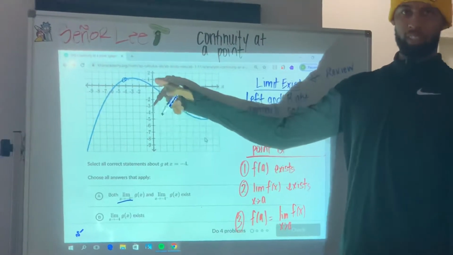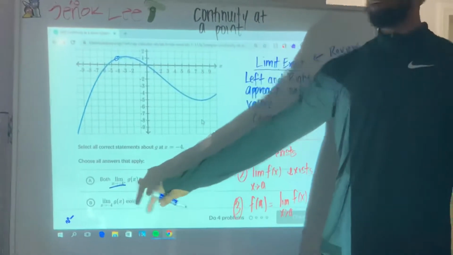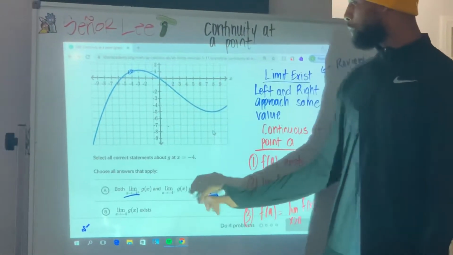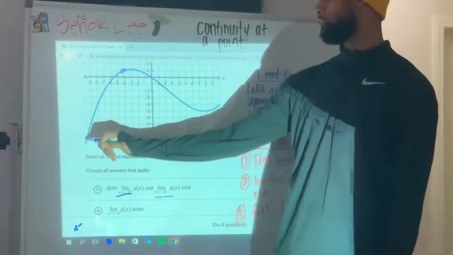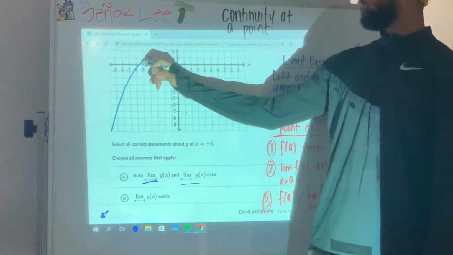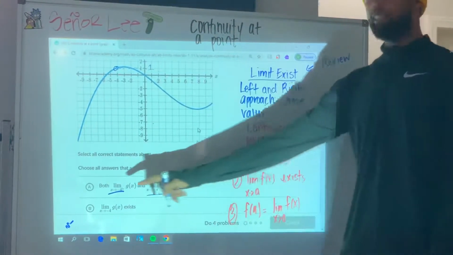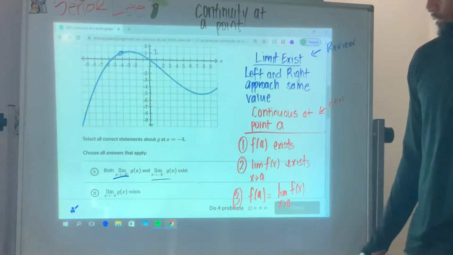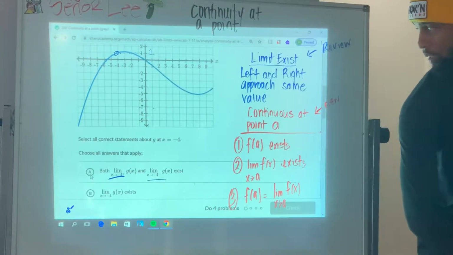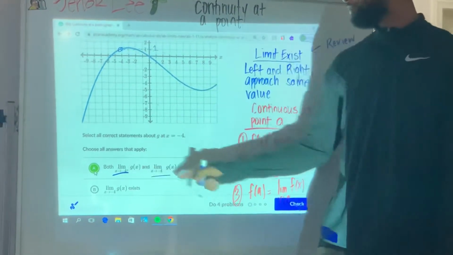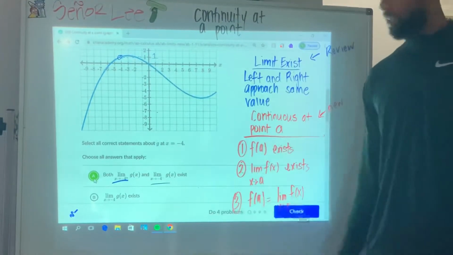Can you see that on the camera? Sweet. So this exists. The value is 1. As I approach -4 from the left, I'm going to trace it again. I also get 1. So yes, let's click A, because it exists from both the right and from the left.